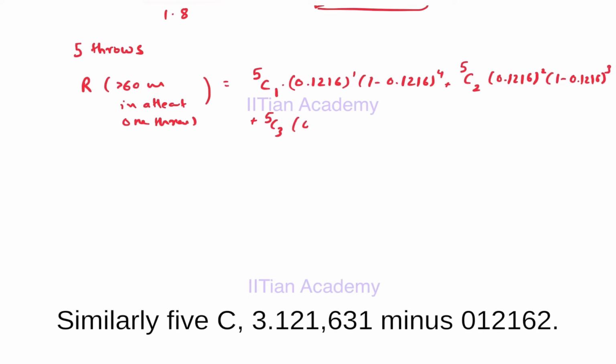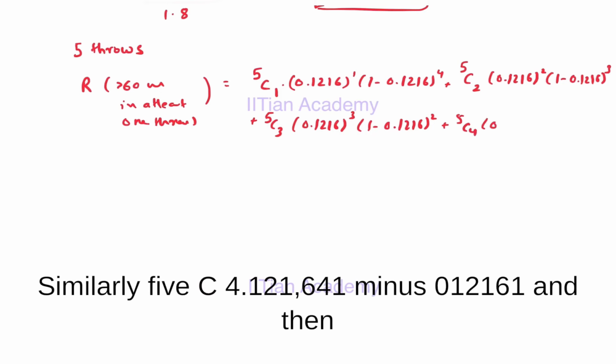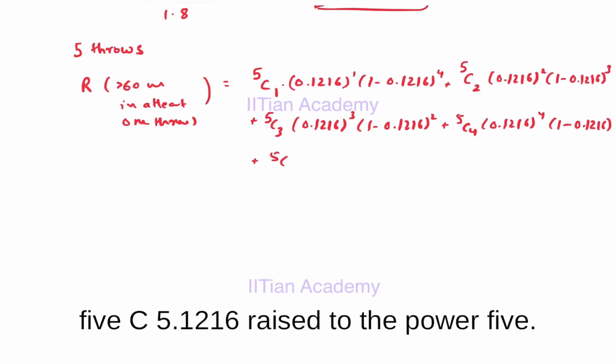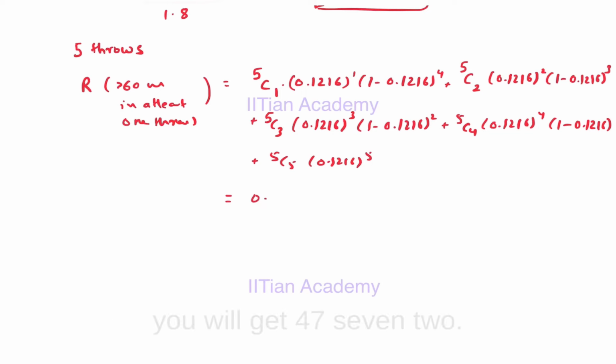Similarly 5C3 0.1216 cubed, 1 minus 0.1216 squared. Similarly 5C4 0.1216 to the power 4, 1 minus 0.1216, and then 5C5 0.1216 raised to the power 5. You can simplify this expression. On solving, you will get 0.4772.